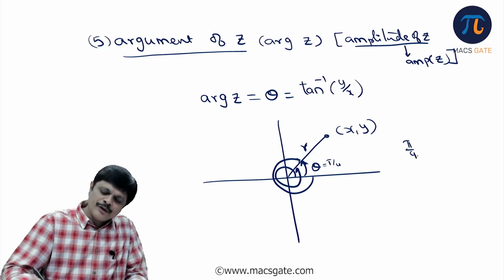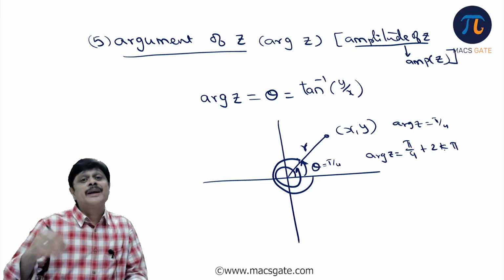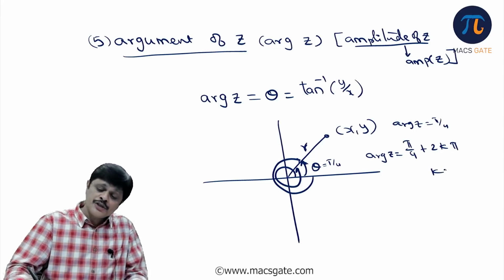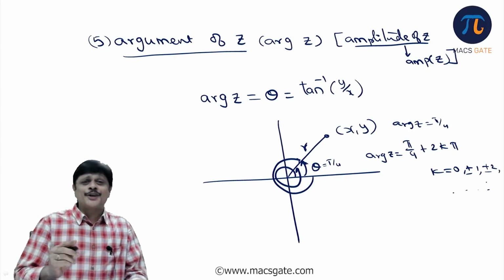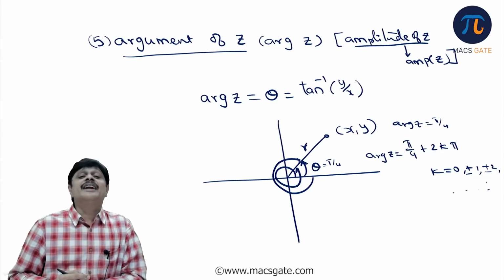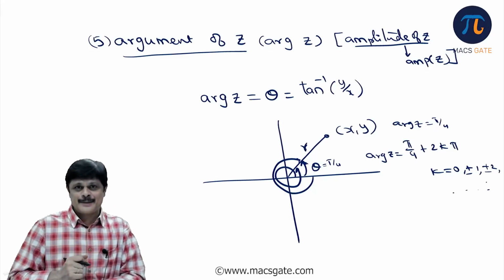That is, when pi by 4 is the argument, pi by 4 plus 2k pi is also an argument. K equal to 0, it is an argument; plus 1, argument; minus 1, argument; plus 2, minus 2, all arguments. It's not infinite arguments. It is one argument that can be expressed in infinitely many ways.